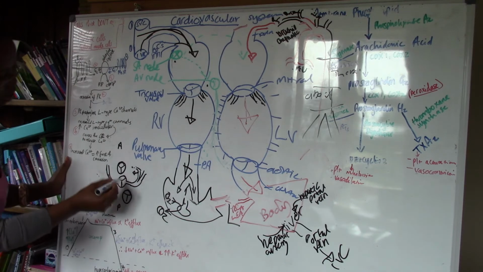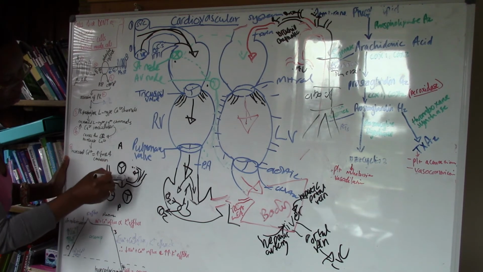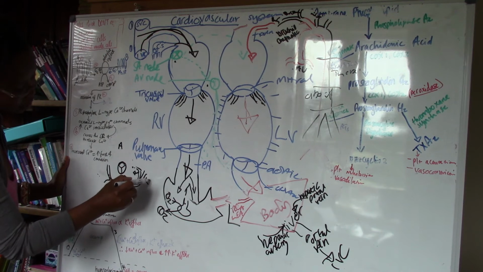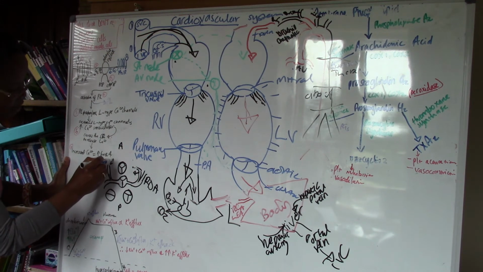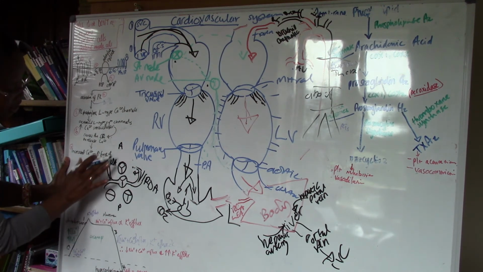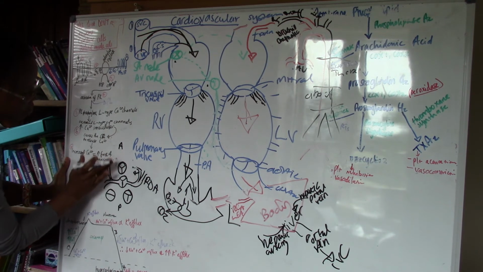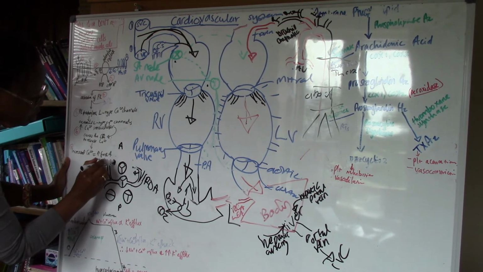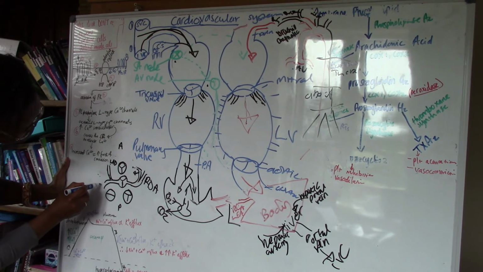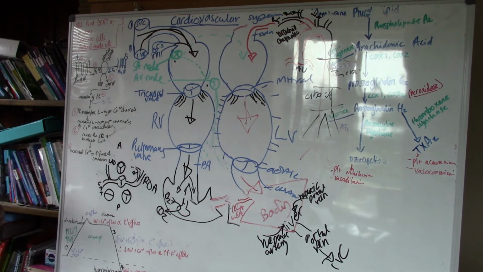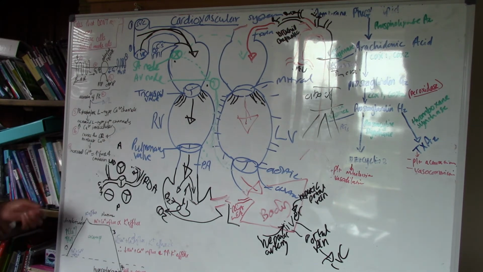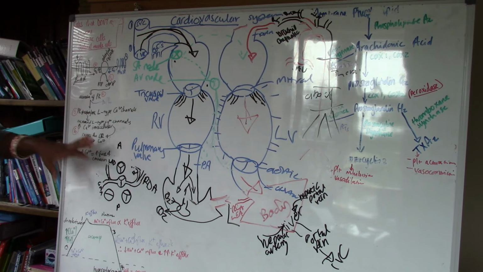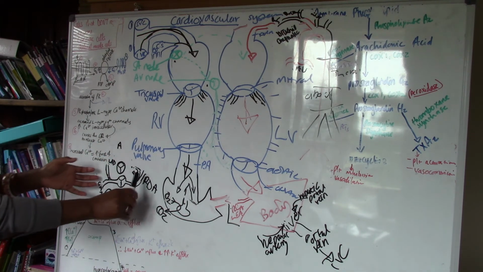These are the important ones, as in the marginal from the right, the posterior descending artery, and then we have the left anterior descending, and then circumflex, which quickly makes a sharp turn to go posteriorly. So if we're to look from a superior position, this is what we'll find. These are the main branches.